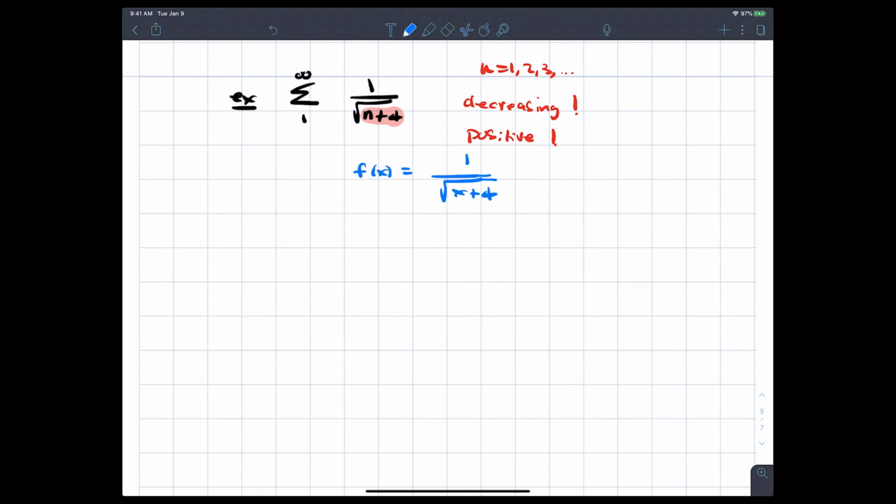Right, so the integral test says, just integrate from 1 to infinity, 1 over the square root of x plus 4 dx, which is now the limit as t goes to infinity, of the integral from 1 to t of 1 over the square root of x plus 4 dx.